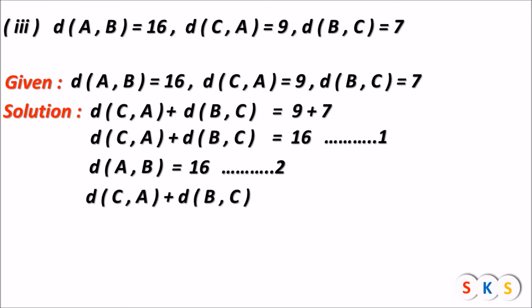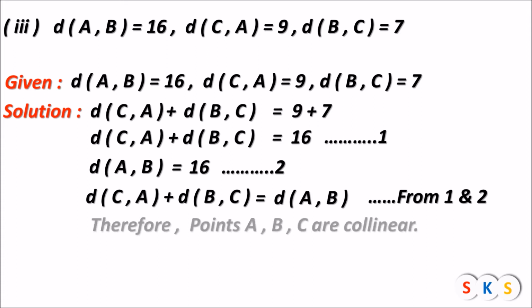It means distance CA plus distance BC equals distance AB. This statement we got by comparing equations 1 and 2. So here the sum of two smaller distances is equal to the greater one, hence points A, B, C are collinear.